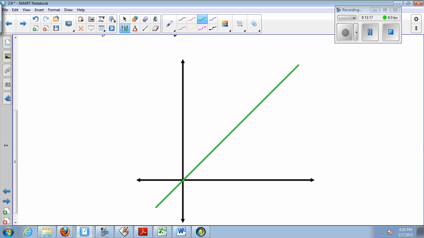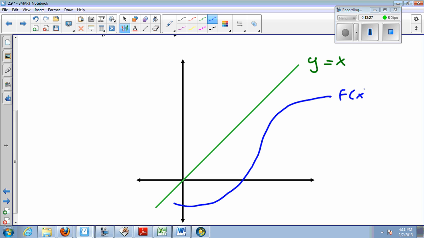So in the coordinate plane, I have the line y equals x, and then I might have the following curve, f of x. Its inverse is reflected, and we've worked on reflections before, over the line y equals x. So this is f inverse of x.